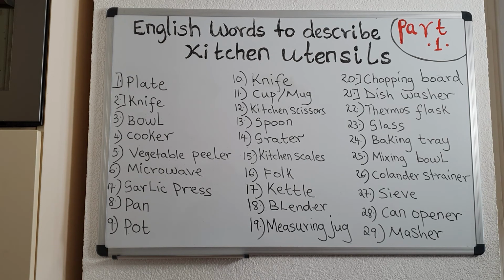The next word is thermos flask. Thermos flask. Now, we use a thermos flask to keep liquids hot. Okay? For example, if you have a baby and you want the baby to have warm milk the whole day, then you could boil your milk and put it inside the thermos flask, and it will remain hot.